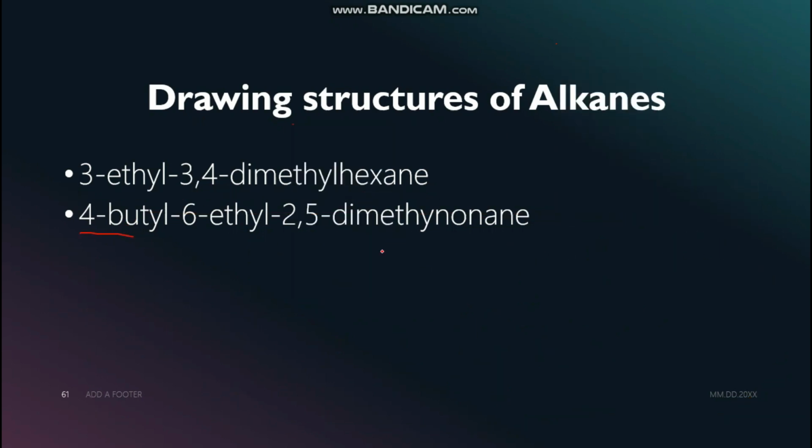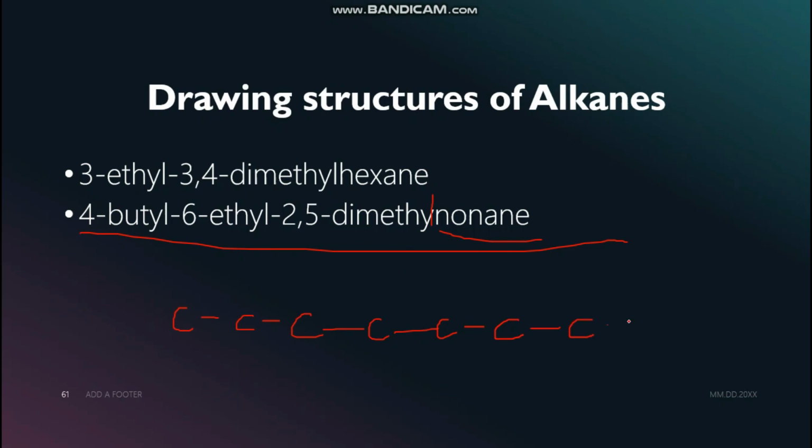Okay? So let's try another one. The 4-butyl-6-ethyl-2,5-dimethylnonane. So the parent chain is the nonane. So it has 9 carbons. 4, 5, 6, 7, 8, and 9. Okay? So I would number my structure from here, from the left. Okay, 1, 2, 3, 4.